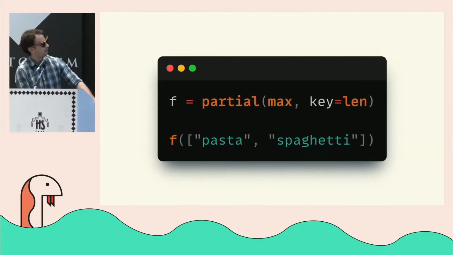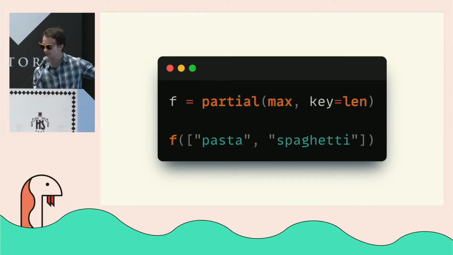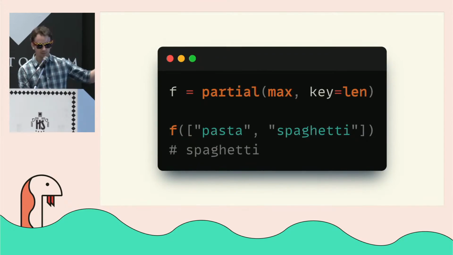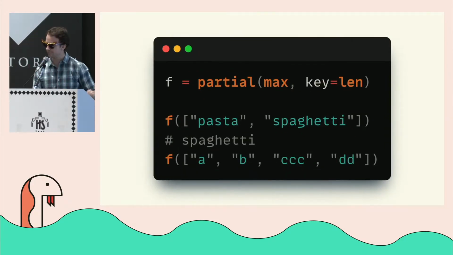All right, so now let's do something else. We have partial with max and a key of len. What's the output of this? It's not 9. It's 2. Spaghetti. Applause for whoever said spaghetti. And what's the output of this one? CCC, exactly.